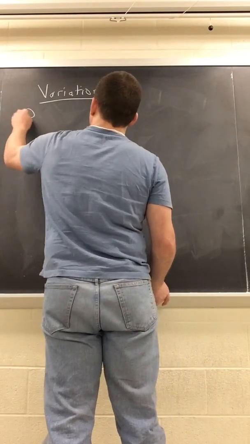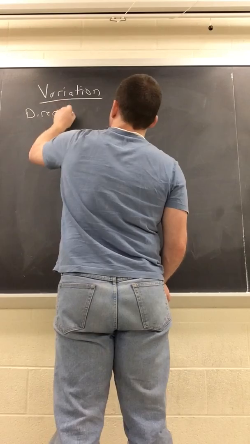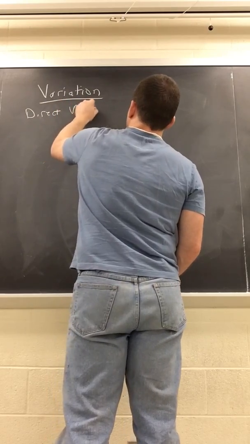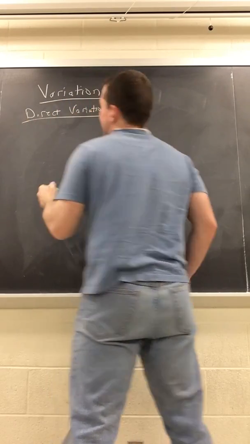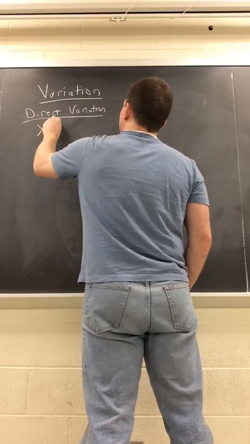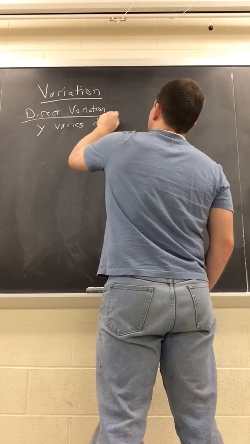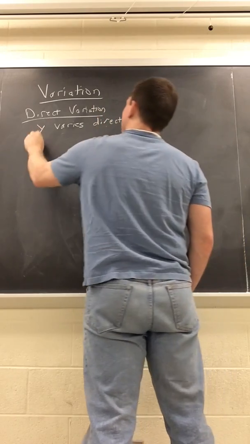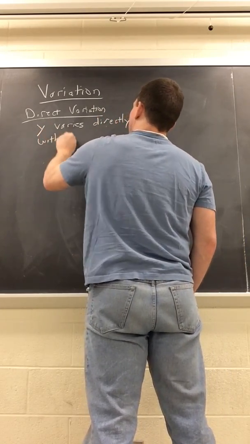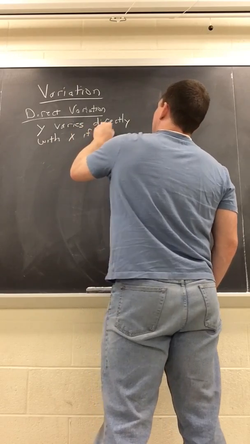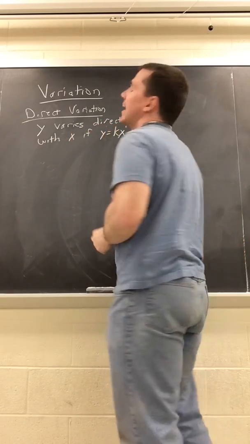So first, we're going to look at direct variation. And as far as the definition goes, we'll just say y varies directly with x if y equals kx.